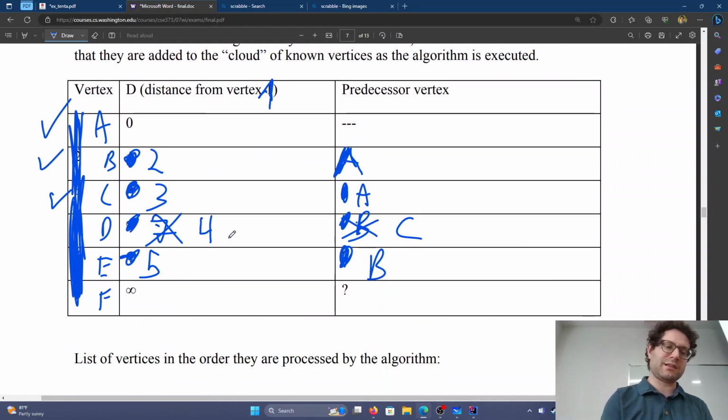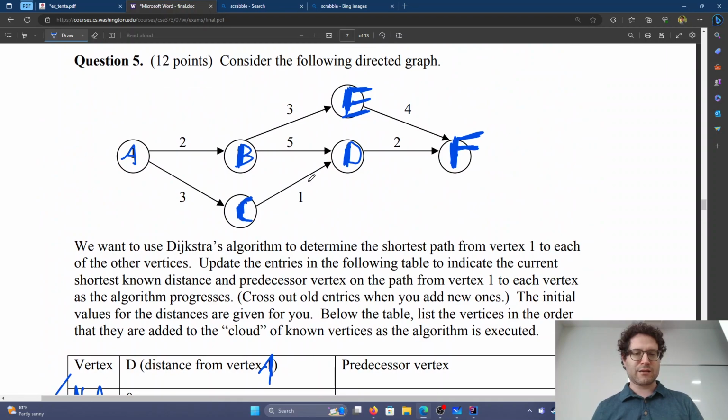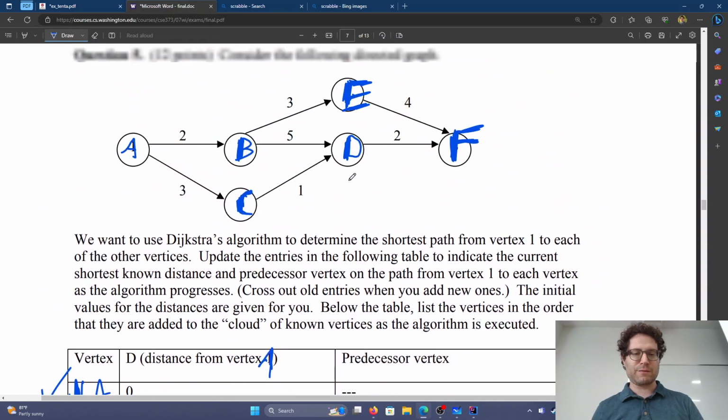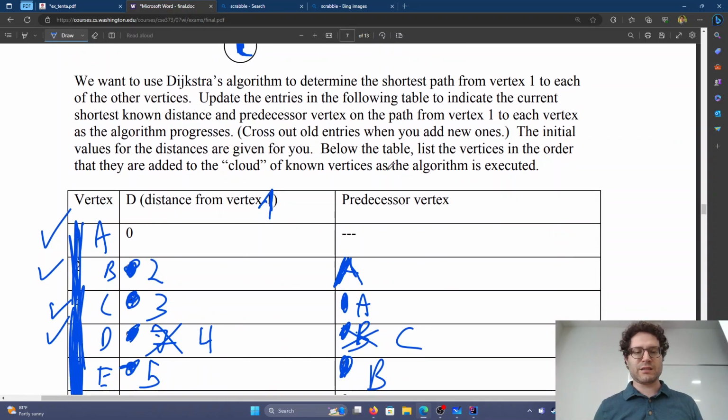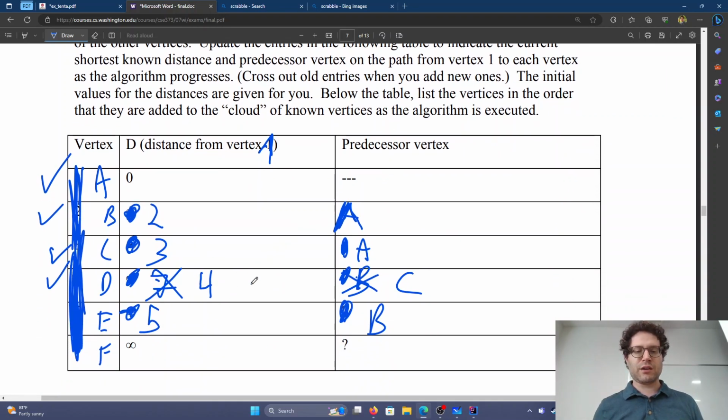Now we look at this, and it just so happens that we're going through them in alphabetical order, right? D is the next cheapest node because it has 4. It has one edge we care about, which gives us a cost of 2. It costs 4 to get to D, 2 more gives us 6 from D. And the way this works is now we can say, okay, what is the path to F?